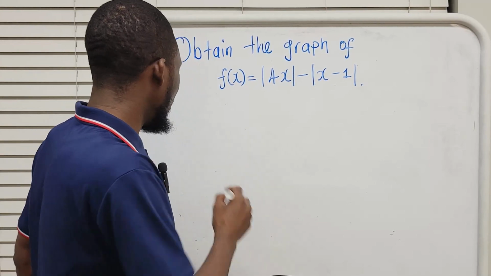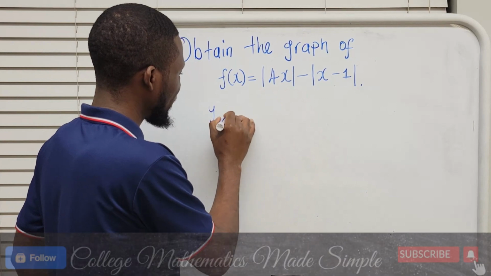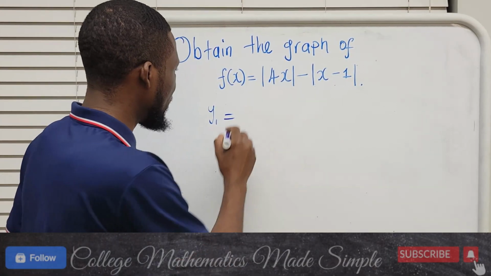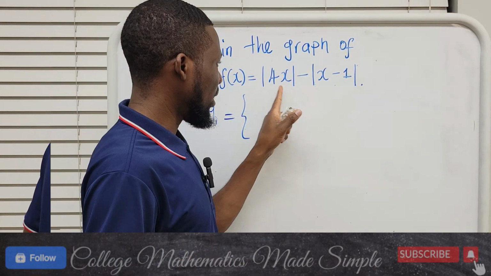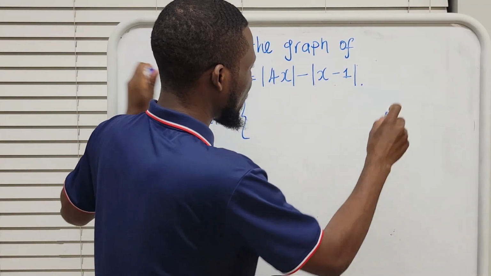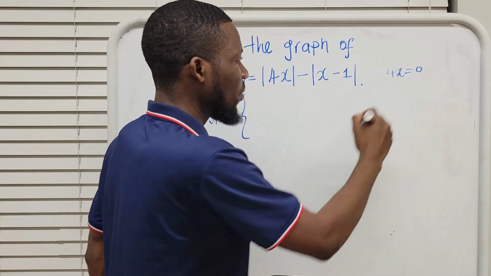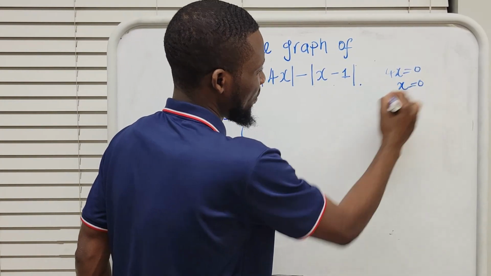Now, let me call the first function y1, which is equal to the absolute value of 4x. Now to get the domain of each part of this function, we set 4x to be equal to 0, which implies that x is equal to 0.